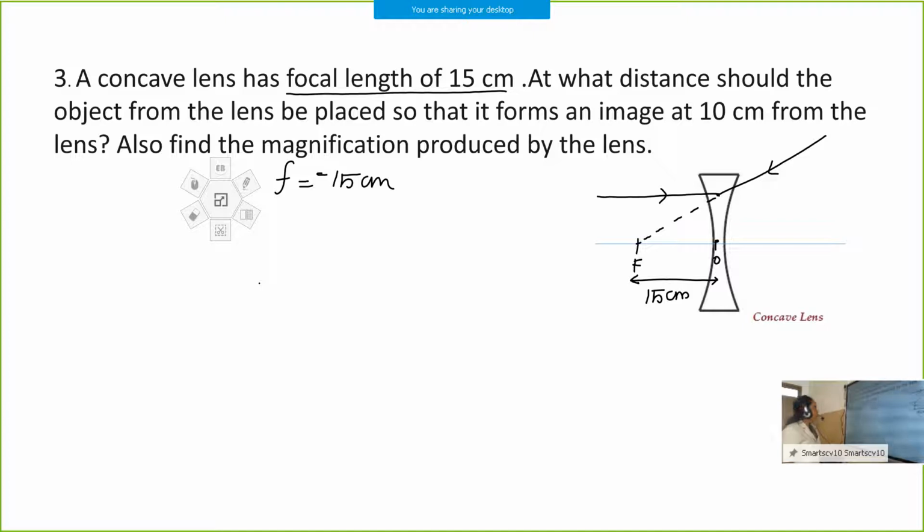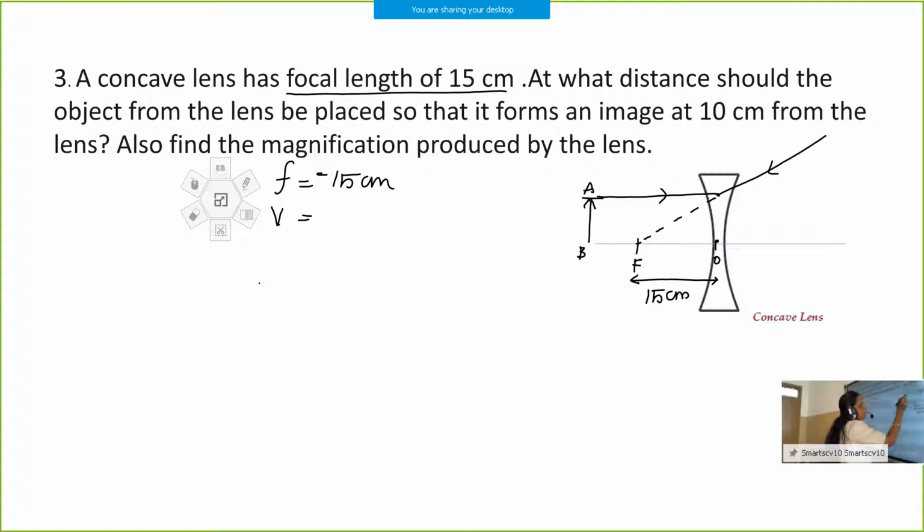At what distance should the object from the lens be placed so that it forms an image at 10 centimeter from the lens? Okay, so the image should be formed at a distance of 10 centimeter from the lens. As you know, for a concave lens, the image is also formed on the left hand side, isn't it? Suppose we have an object here, object of height AB.